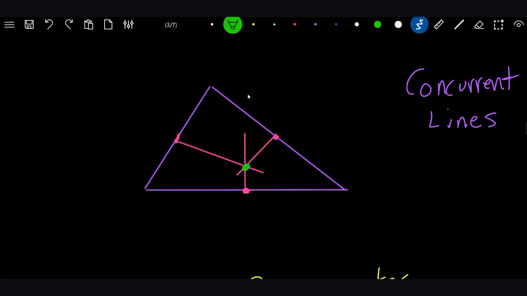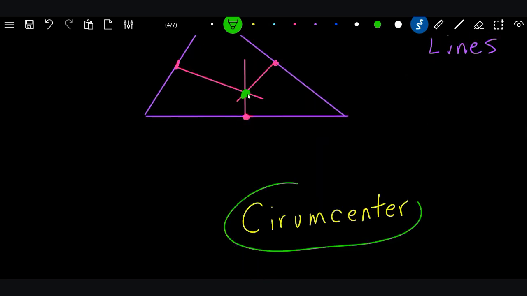Look at this point right here. They all meet at that point. That point has a name, and that name is the circumcenter. That word is in your book on page number 110. It's called the circumcenter of the triangle.